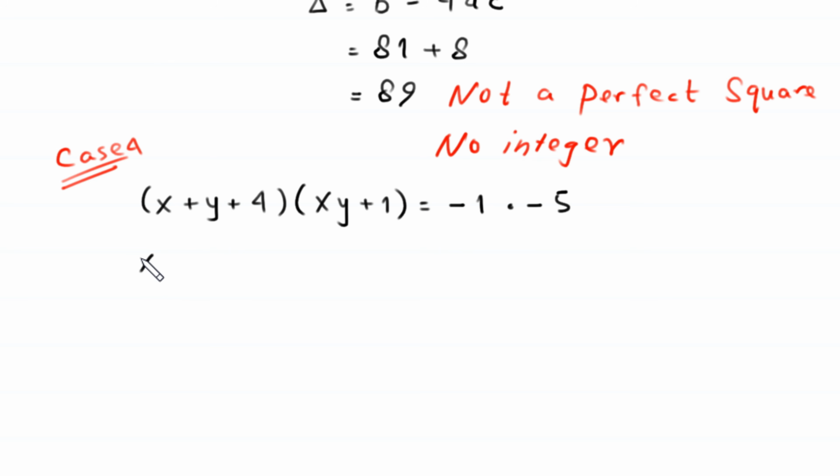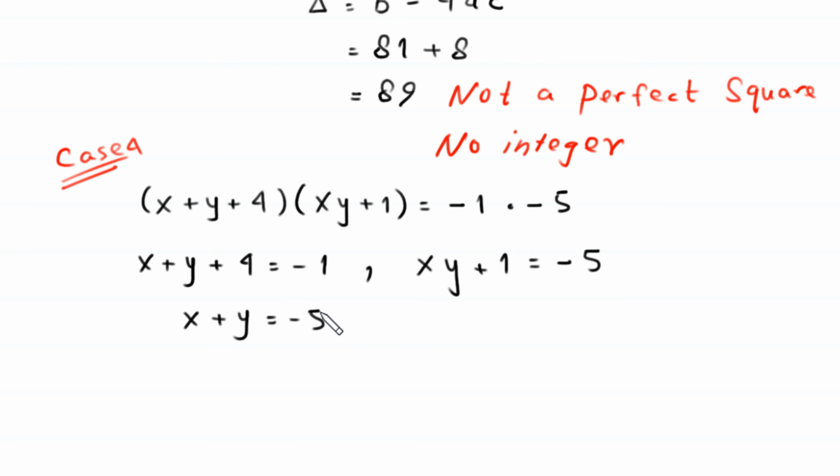So this x plus y plus 4 will be equal to negative 1, and this x times y plus 1 will be equal to negative 5. If we subtract 4 from both sides, this implies that x plus y equal to negative 5. From this equation, if we subtract 1 from both sides, this implies that x times y is equal to negative 6.